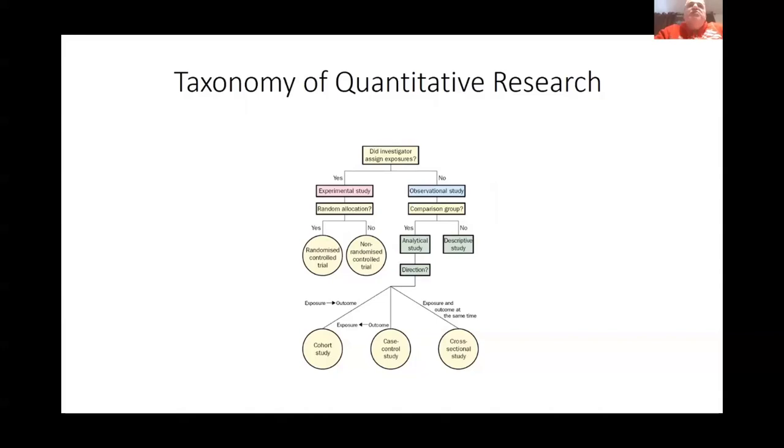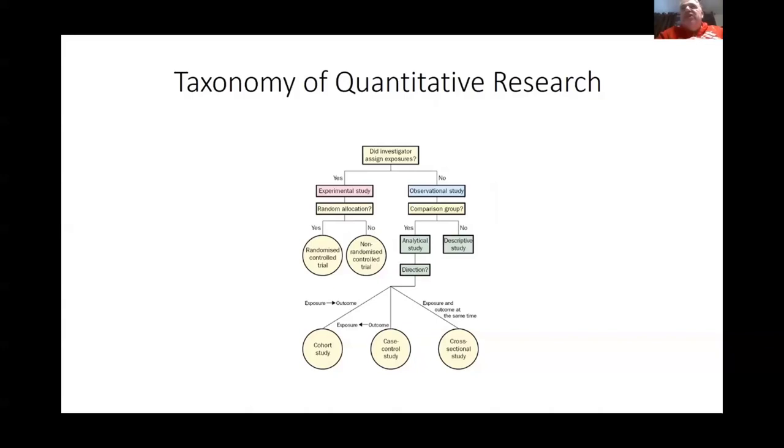What about if the investigator or researcher intervenes in allocating the participants to the experimental or interventional or control group? We call this an interventional study, and usually in most cases it is randomized. If it's randomized, we call it a randomized controlled interventional trial.